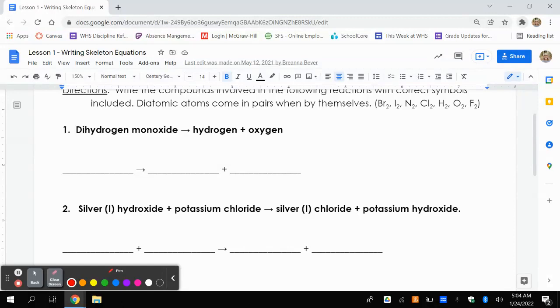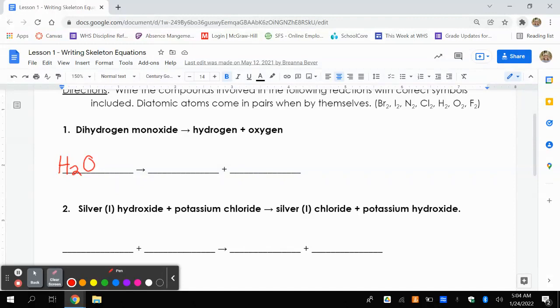That makes this a covalent compound. So we have H2O. Two hydrogens, dihydrogen monoxide, there's one of those. Those are using those prefixes that we talked about, di and mono.